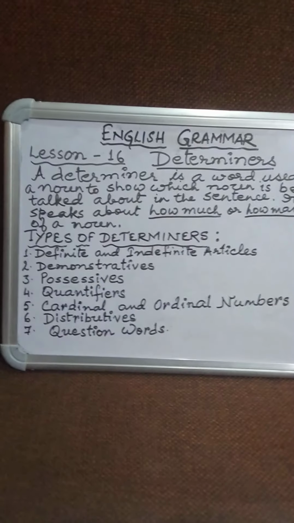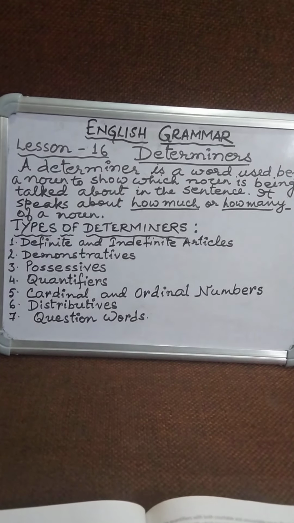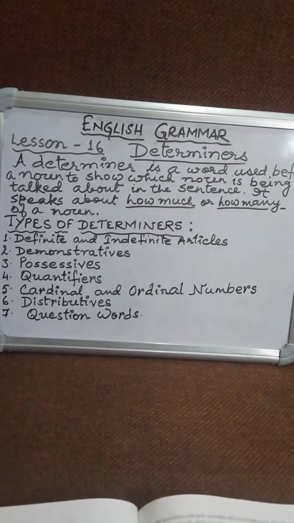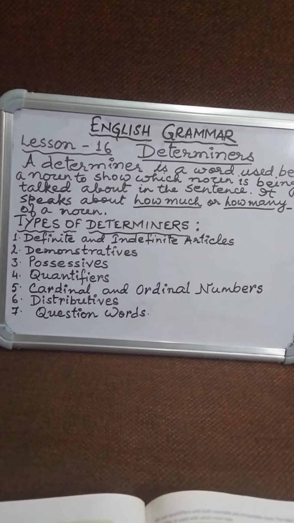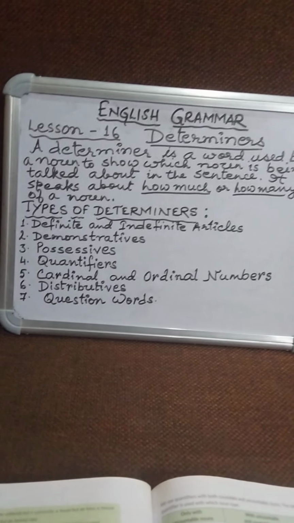So dear students, I hope that you have understood. First of all, when you go through this chapter on determiners, you will learn these 7 points, which tell you which things come under this category. Suppose in the exam it is asked to fill in the blanks with determiners, you should know which things come under this category.